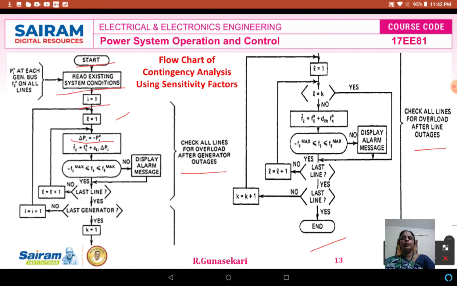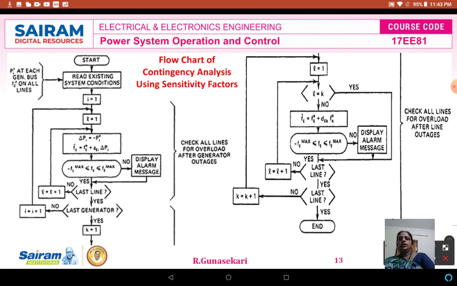When del PI equals minus del PI naught, that means the generator generating PI naught is lost, so the change in the power generation del PI equals minus PI naught only.